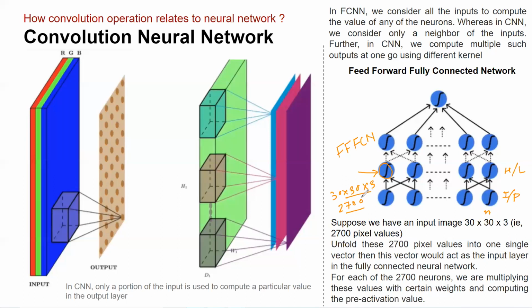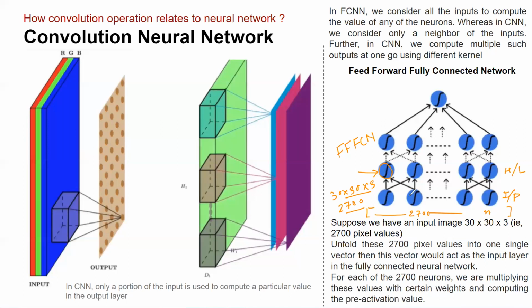So what I will do is flatten the pixels to create one big array with those 2700 pixels, and I will put those 2700 inputs into my input layer. So my input layer will have 2700 neurons.